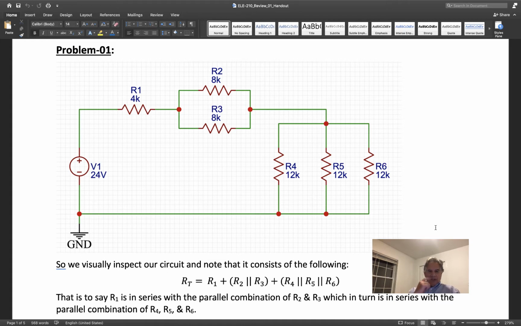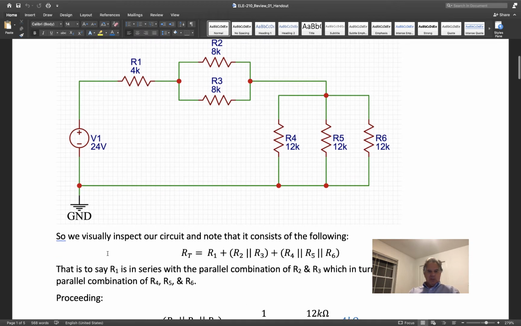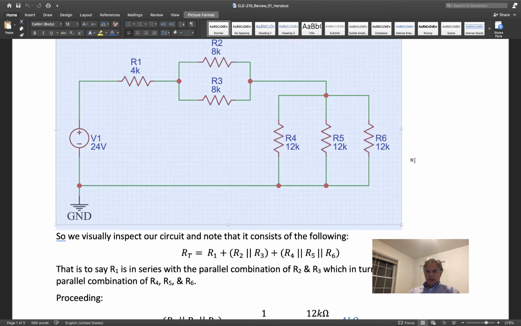So I'm going to bring up our first example here, and this is a combination circuit, certainly. As we visually inspect this circuit, we see that we have R1 in series with a parallel combination of R2 and R3, and that in turn is in series with a parallel combination of R4, R5, and R6.